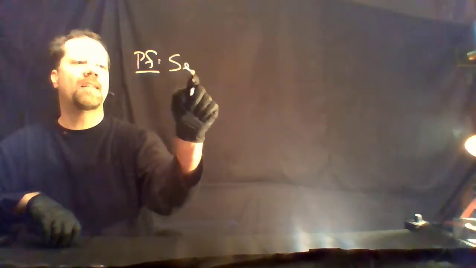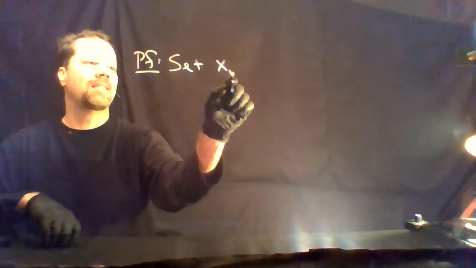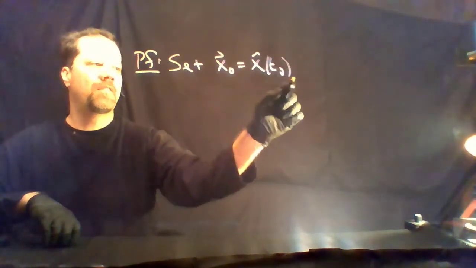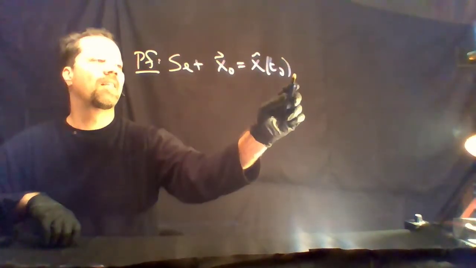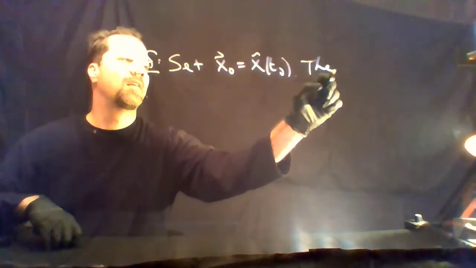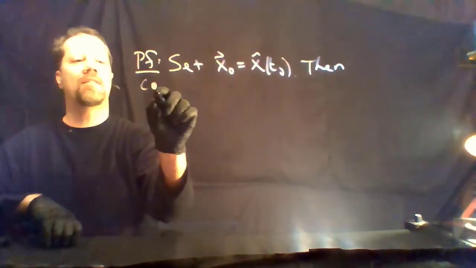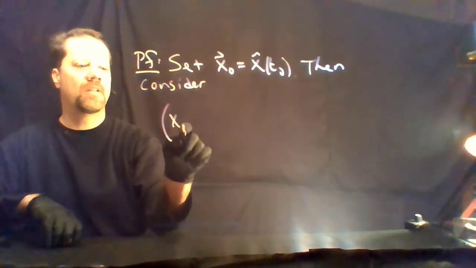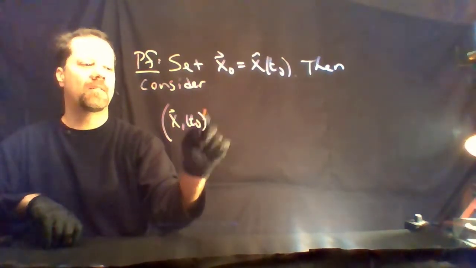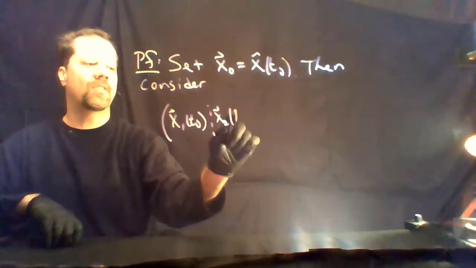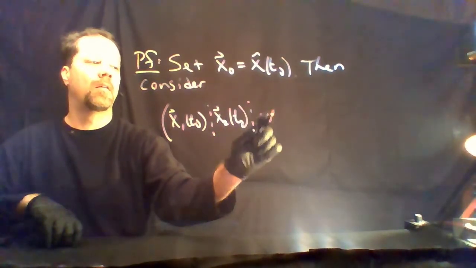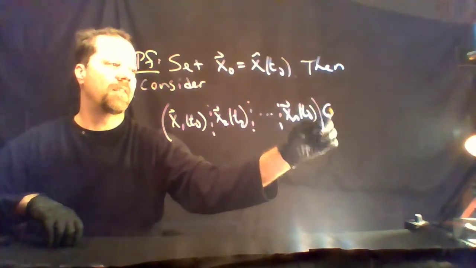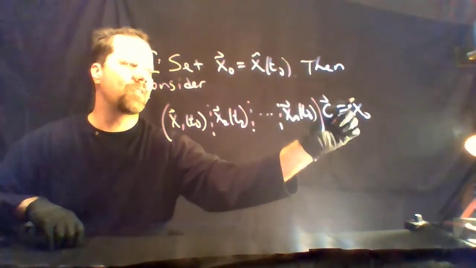We're going to set x naught to be x hat of t naught for some t naught. Then consider the linear system of equations: x1 at t0, x2 at t0, through xn at t0, times the vector c equals x0.